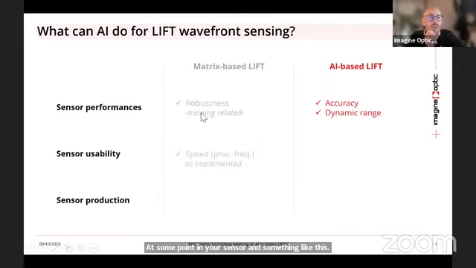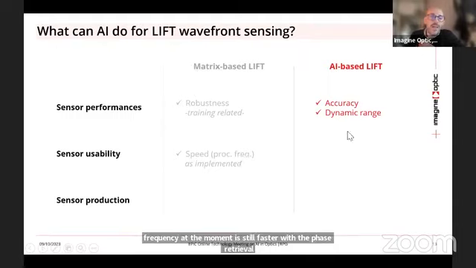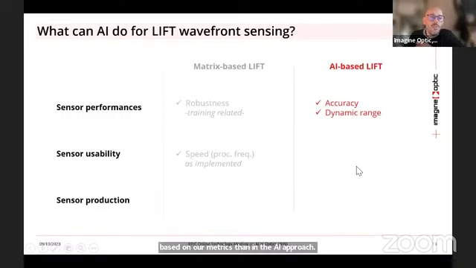In terms of usability for us, processing frequency at the moment is still faster with the phase retrieval based on our matrix than with the AI approach. This is largely due to the way it is implemented.